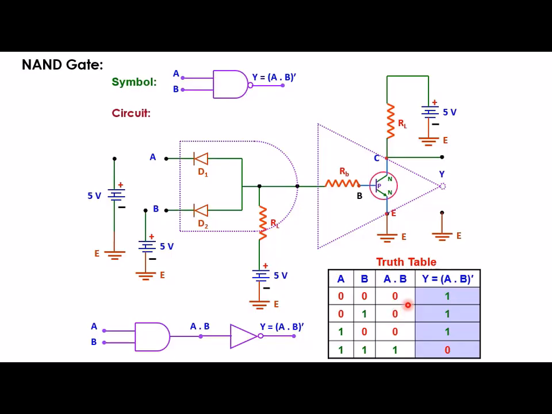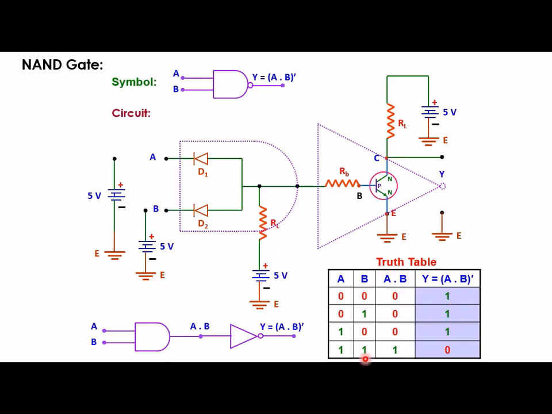Now if I apply the NOT operation to this output, then the final output will be 1, 1, 1 and 0. So in this truth table of the NAND gate, when both the inputs are 1, the output will be equal to 0, and this is the logical statement of the NAND gate, and in all other cases the output will be equal to 1.